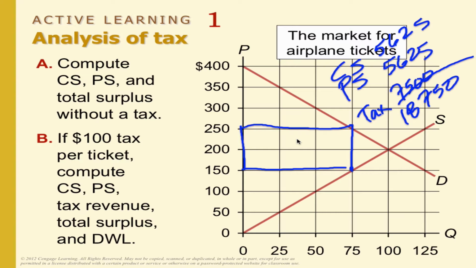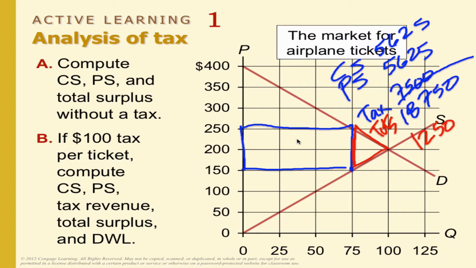We can just figure out our deadweight loss. It's 1,250. So that is our deadweight loss. That's our total surplus. So that blue square is a tax, and that is a deadweight loss.